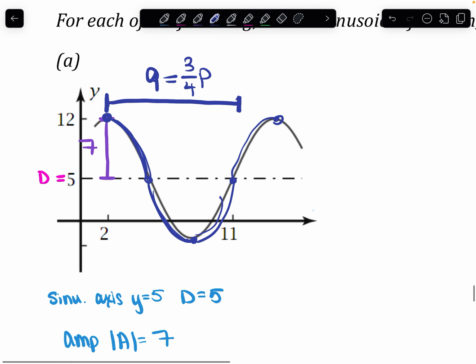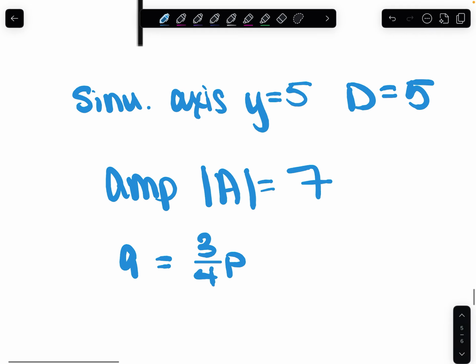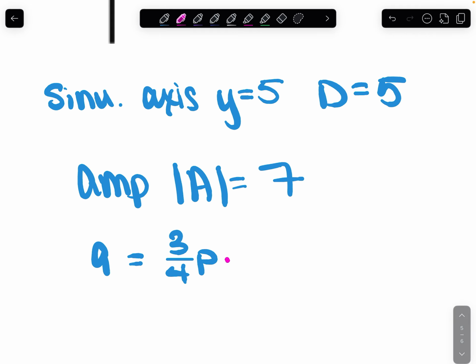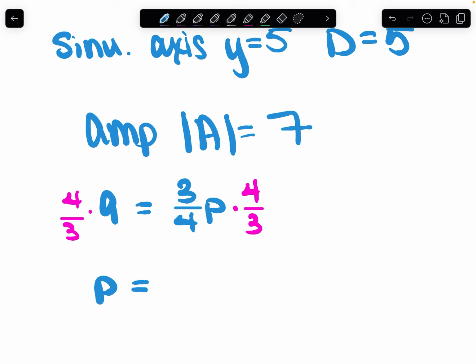So I know 9 equals 3/4 P. So if we do a little math here, multiply both sides by 4/3, we get 12. So the period is 12.